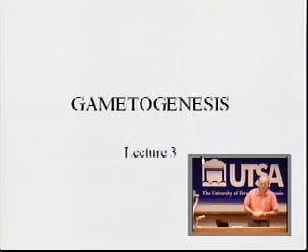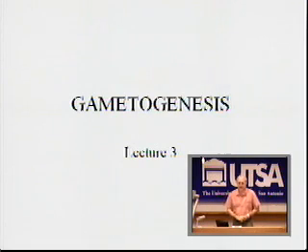discuss gametogenesis. So we have a better feeling for meiosis, even though I kind of got my wires twisted toward the end of the last lecture. We do understand that there are 46 chromosomes in the diploid, and the haploid gametes have only 23 unduplicated chromosomes. They don't have their homologue with them.